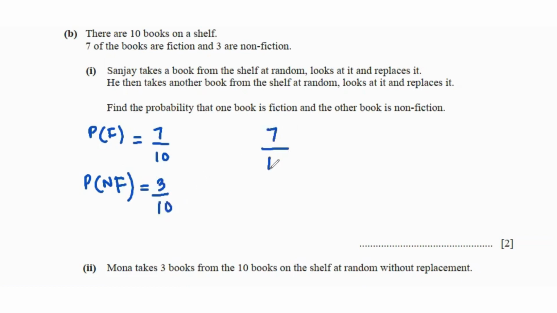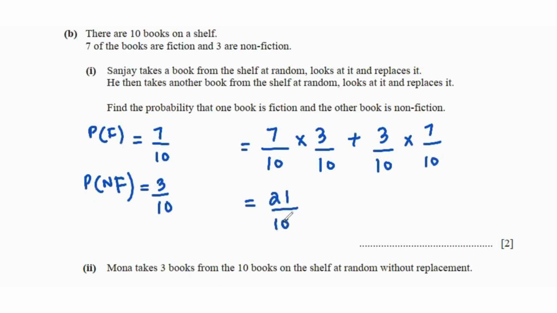So we do 7 over 10 if we take a fiction book first and then a non-fiction next, or if we take a non-fiction first and a fiction next. So that's 21 over 100 plus 21 over 100, which is 42 over 100, and that's going to equal 21 over 50.